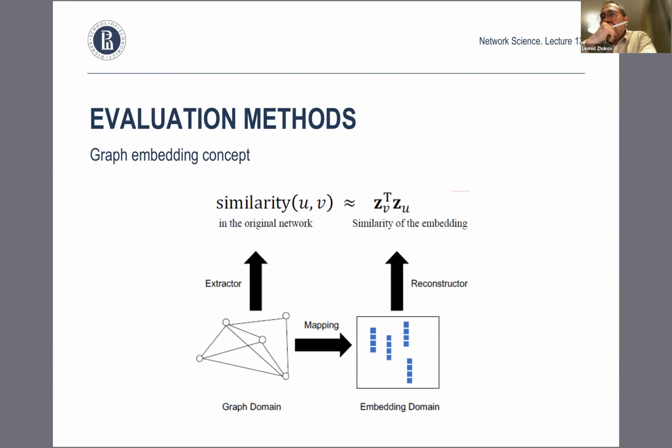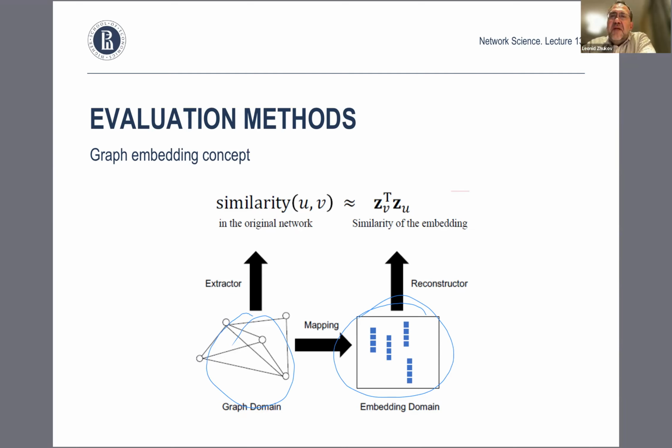So these are the methods. Now, how can we evaluate the quality? We can think about the concept of graph embedding by itself. We take a graph and we map it into some representation. And our goal is to have enough information in the representation to reconstruct the properties of the graph that are interesting for us.